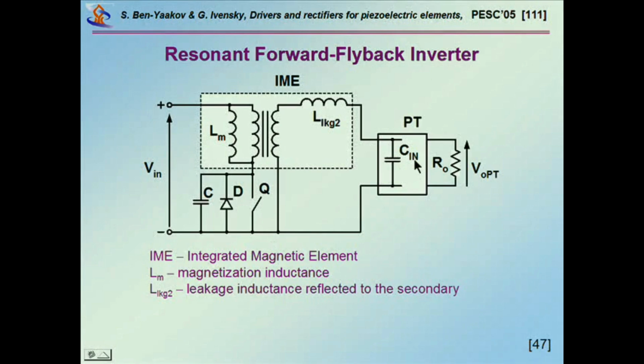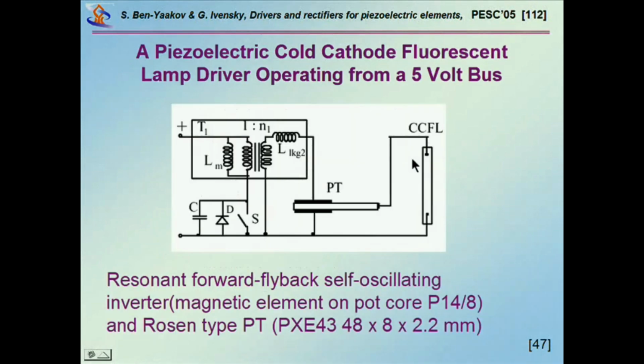This was shown for various applications. We have used it for a driver for a cold cathode fluorescent lamp. Although it shows many windings here, this is obviously one integrated magnetic sort of. Basically, it's two windings on a core. So the LM is the magnetization, while the leakage, L leakage, is of course the leakage between these two windings.